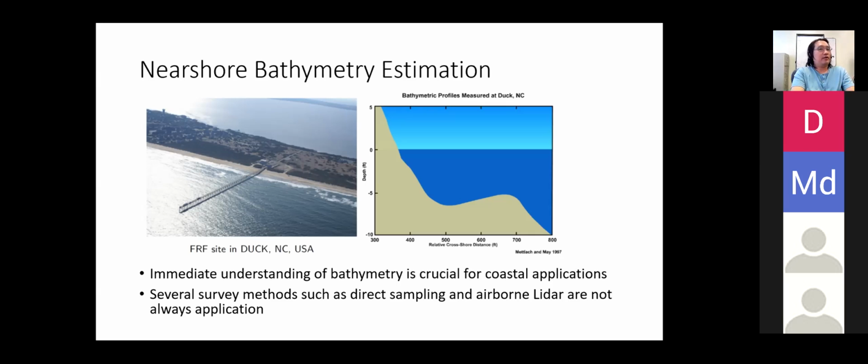But in other cases, where you have a lot of white portions like breaking waves, and water turbidity is very high because of microorganisms and other things, this LiDAR does not work, and direct sampling cannot be done either. Measuring the bottom depth is not available during the storm season.